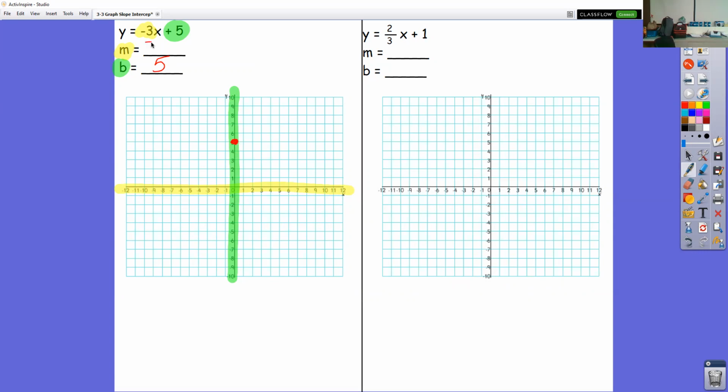And then the slope is -3, which would be -3/1. So again, you would go down 3 and 1 to the right each time. Draw your line.